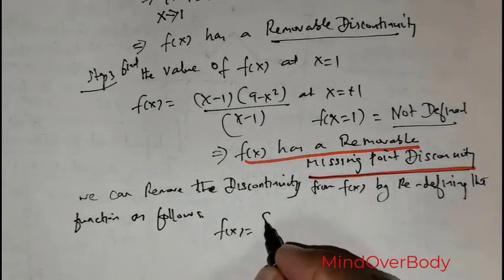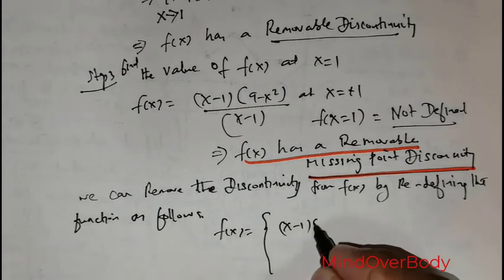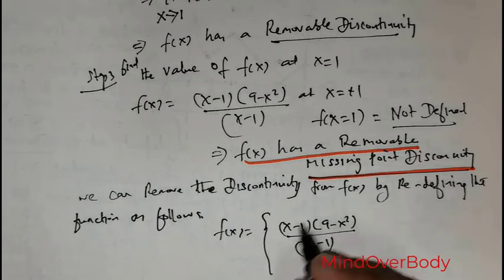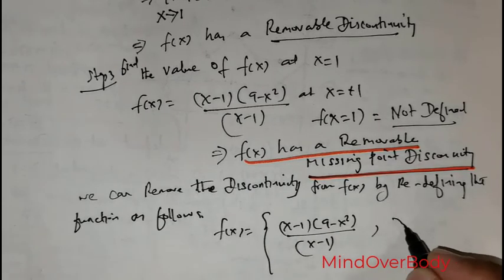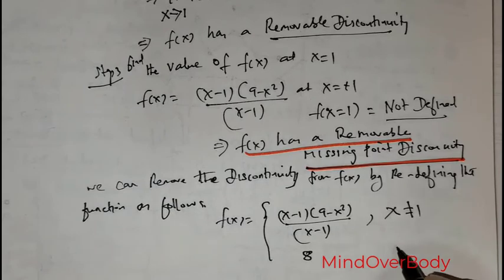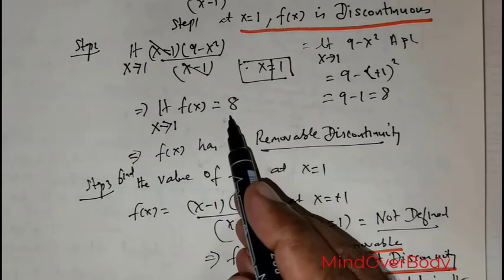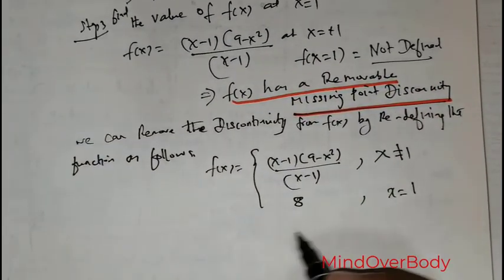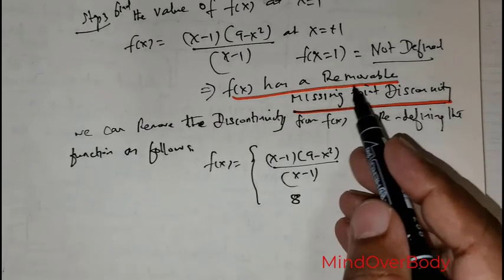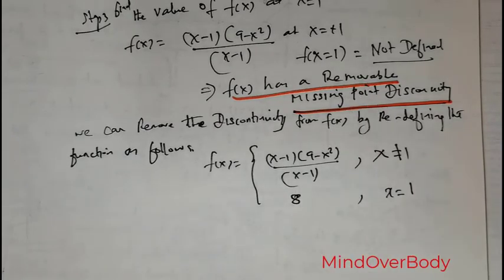We are going to say f of x is equal to (x minus 1) times (9 minus x squared) divided by (x minus 1) when x is not equal to 1, and it is equal to 8 when x is equal to 1, because that is exactly what we got. This is how we get rid of the discontinuity, and that is the reason we call f of x a removable discontinuity.